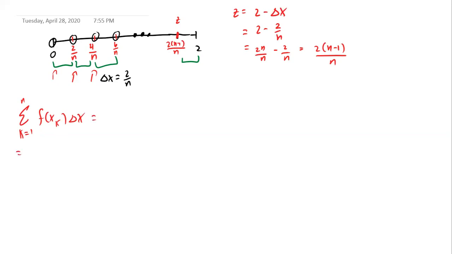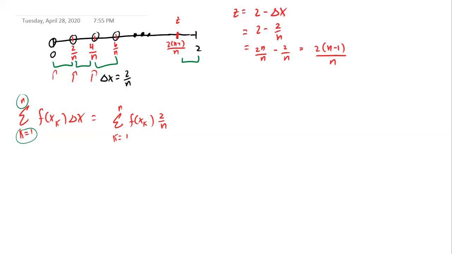Change in x was 2 over n. What is the hard thing here? What's going to be hard is finding what x sub k is, because x sub k should be the endpoint in the kth subinterval. Remember that when k equals 1 to n, we're summing over each subinterval.